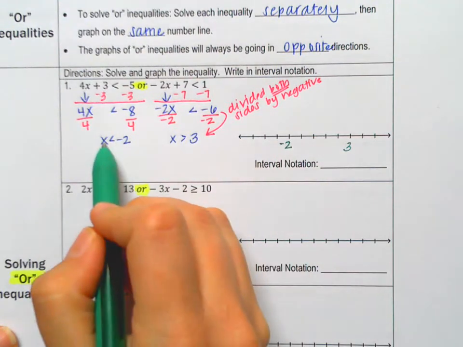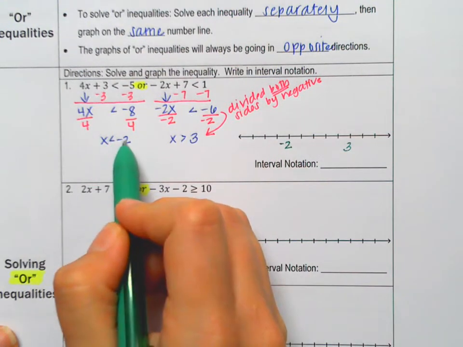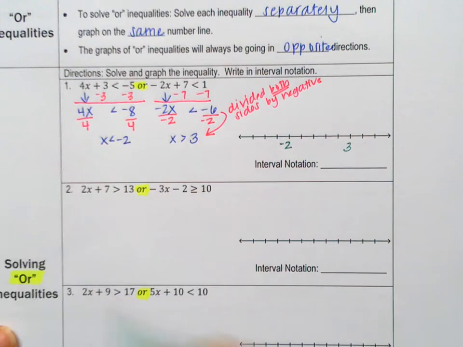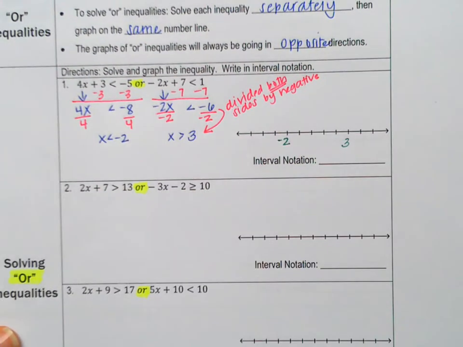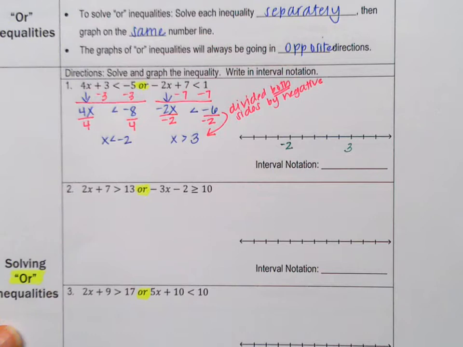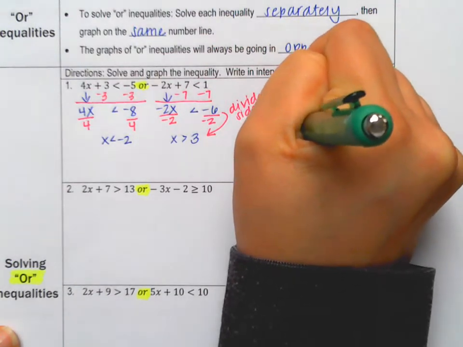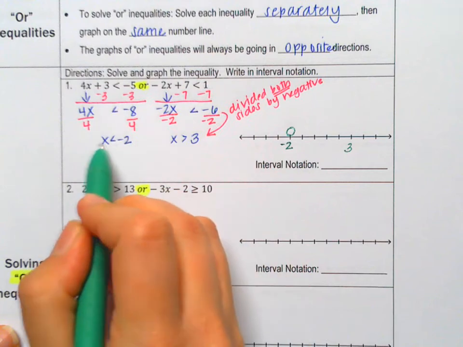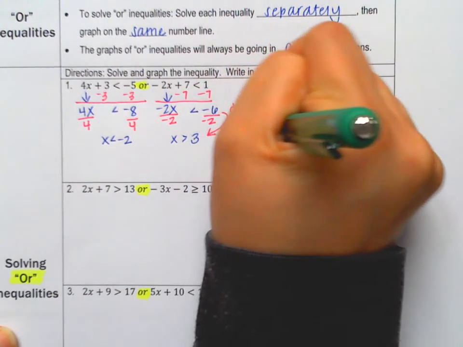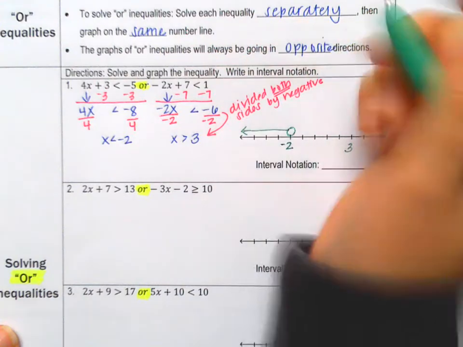This first one is saying x is less than -2. First question, is it an open or a closed circle? Because it's less than, not less than or equal to, it's an open circle. And then less than is going in the negative direction.